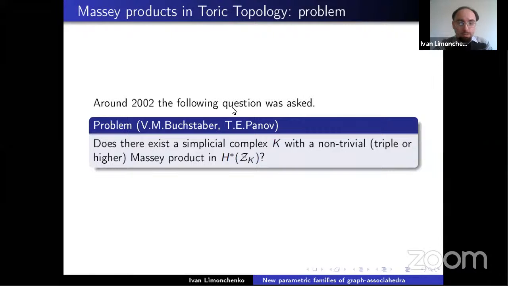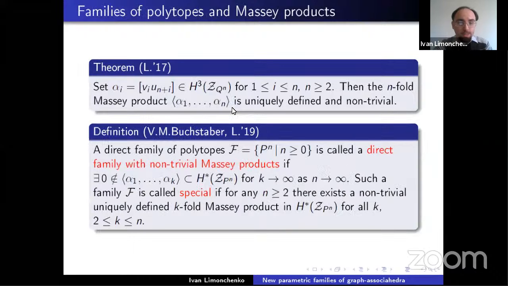So we will see that the P mass family and Q family give us examples where there exists a non-trivial, uniquely defined n-fold Massey product in the cohomology of a moment-angle manifold. Namely, my theorem was the first one that showed that in the cohomology of a moment-angle manifold, there exists an arbitrarily high non-trivial Massey product. Moreover, it's uniquely defined. It contains only one element.